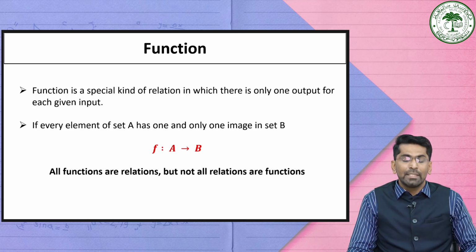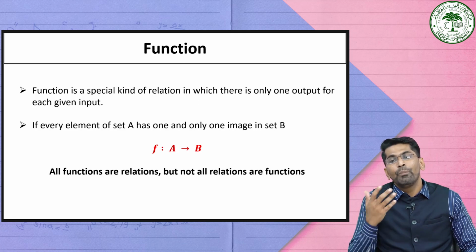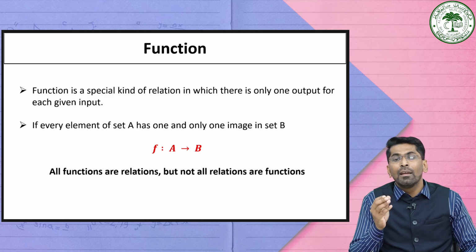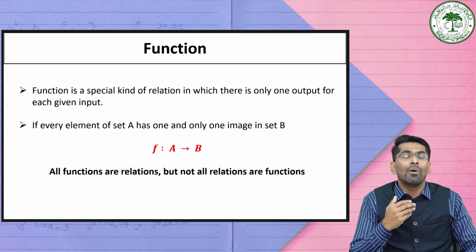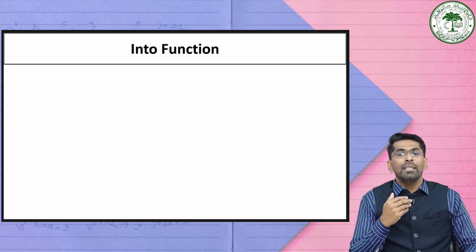Now we are going to discuss different types of functions, which are classified based on different criteria like number of variables, nature of relation and degree of variables. The first one is the into function.